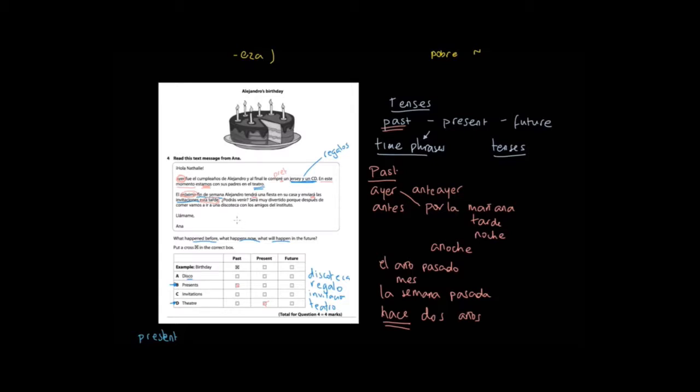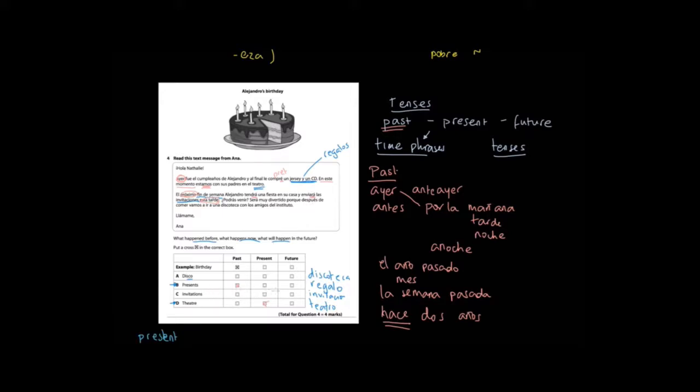If now it's this afternoon, you may be using it in the present. If you're in the morning and you're talking about this afternoon, you will be using it in the future. If now it's the night and you're talking about this afternoon, you will be using it in the past, okay? So esta tarde is not that helpful, but what is helpful is the enviará, which is a simple future.